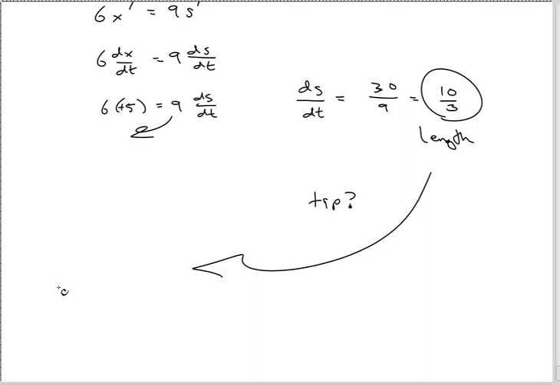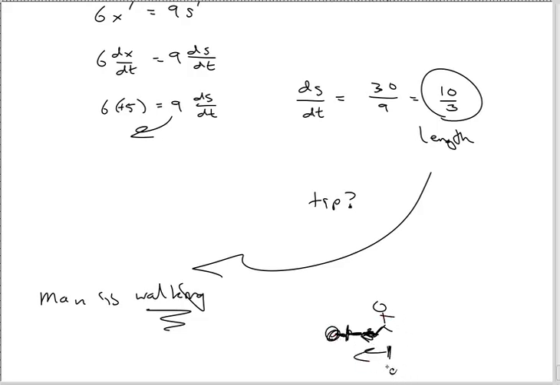Well, the thing we have to remember is that the man is walking, okay? And when he's walking here, his shadow is right beneath him going outwards, right? So if he's walking this way at positive 5, then the shadow tip is also moving at a positive 5.